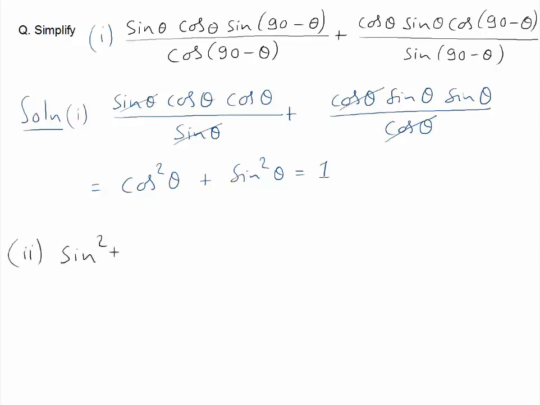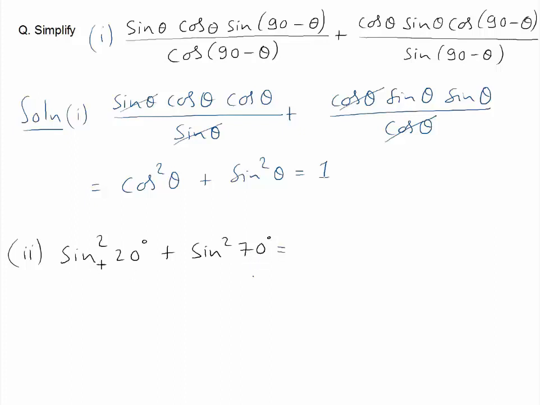Sine square 20 degrees plus sine square 70 degrees. Now to simplify this, first thing we should notice that 20 degrees and 70 degrees, these are complement of each other. So we must try and convert one angle into another.